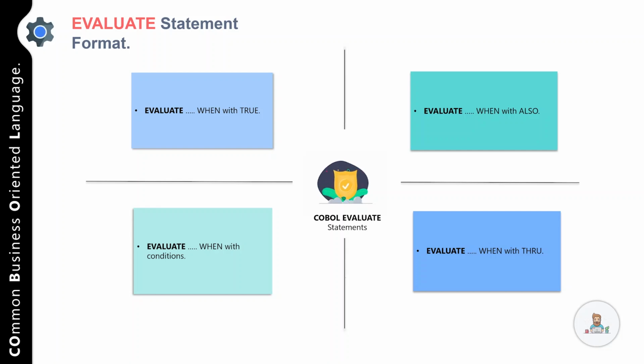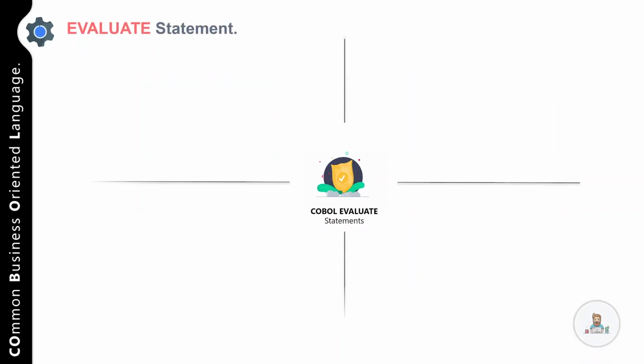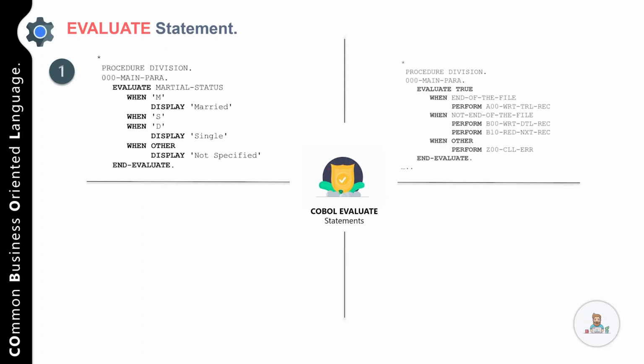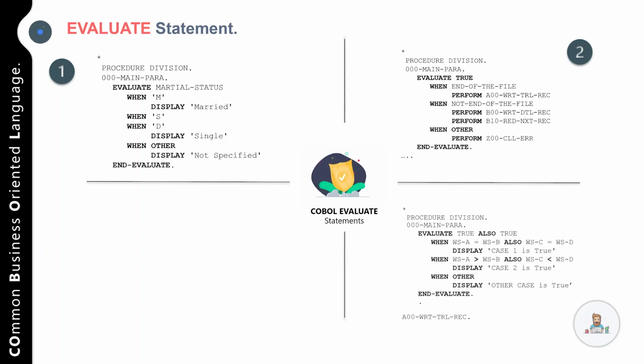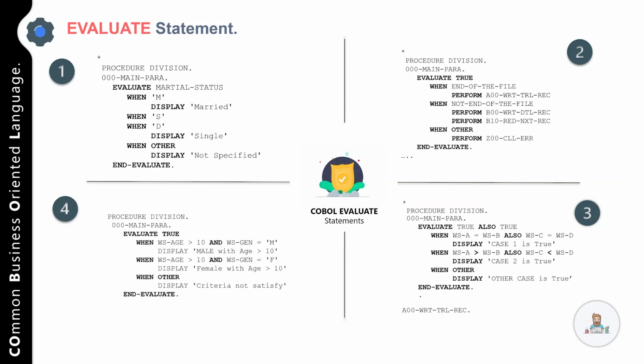Now let's look at the examples so that you can understand how exactly these different formats can be used in your COBOL program. In the first example, we have an evaluate statement which is checking the value of marital status, and based on that value, it's displaying whether the employee is married, single, or not specified.